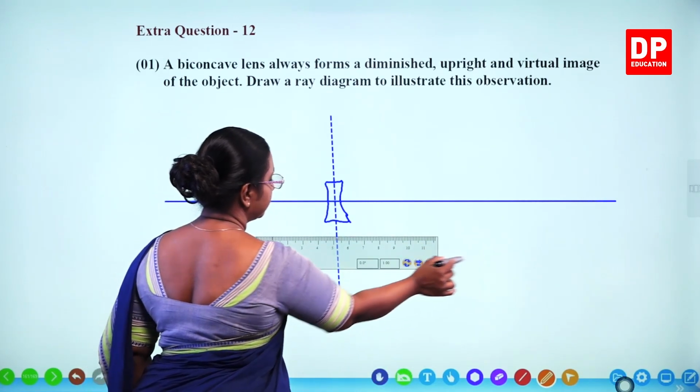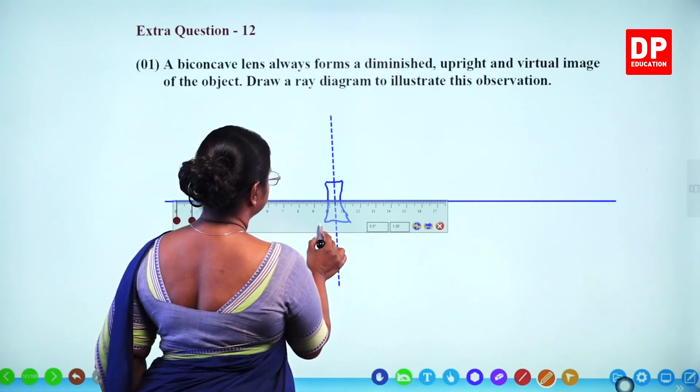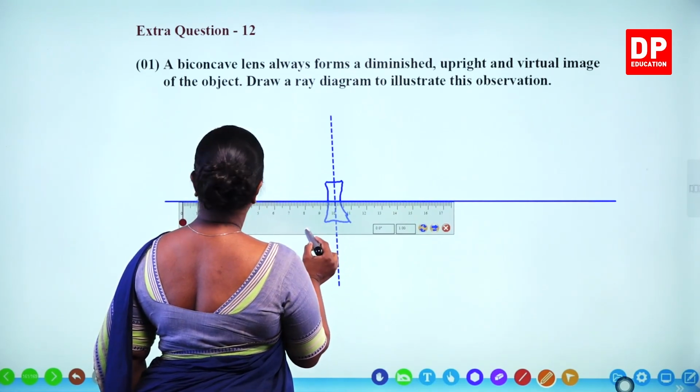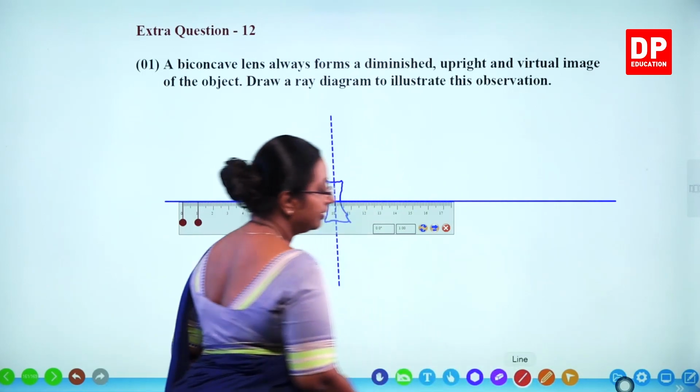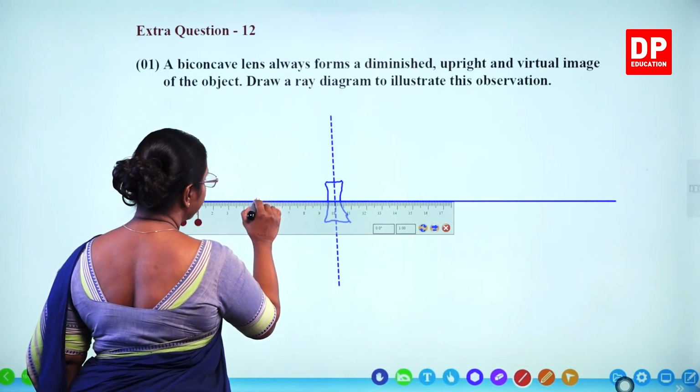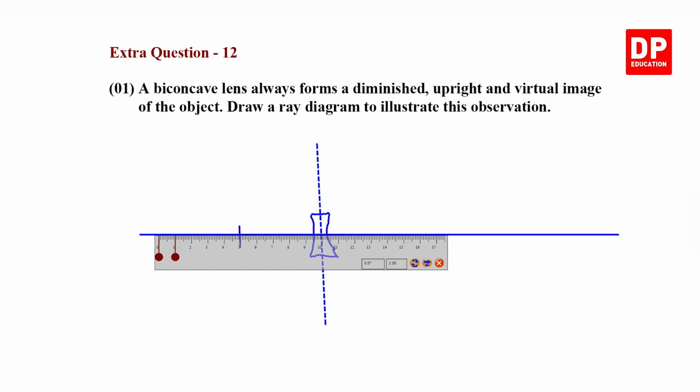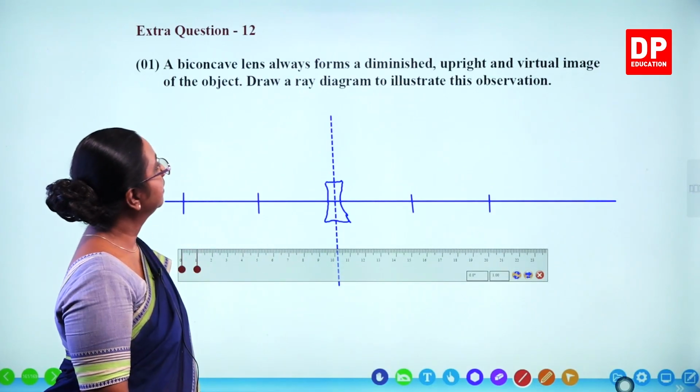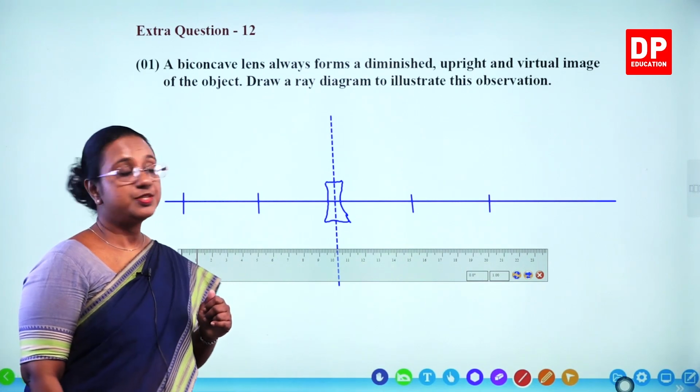What are those points? We have to mark the F and 2F on either side of the lens. F, 2F, F and 2F. So after that, we can place the object anywhere.